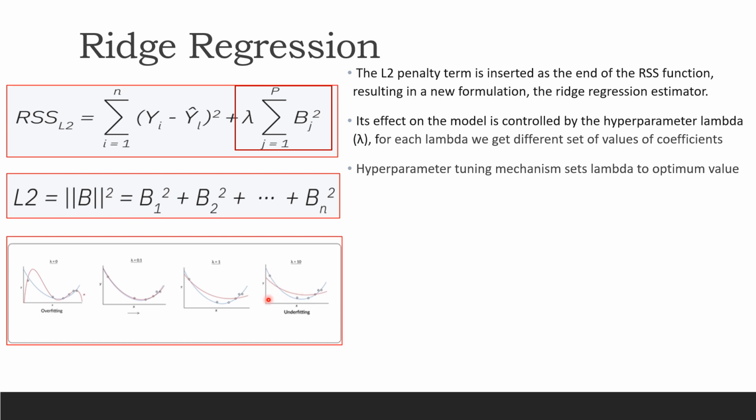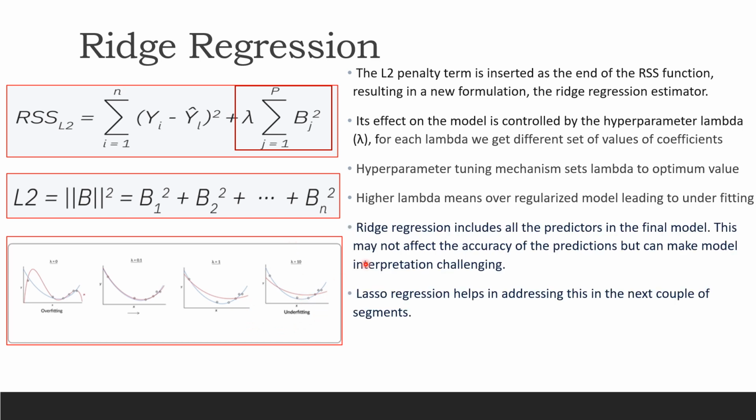And at lambda 10, it further changes, and now it becomes a case of underfitting, when the model is giving errors or very low accuracy even for the training data. So a higher lambda means an over-regularized model, which in this case leads to underfitting.